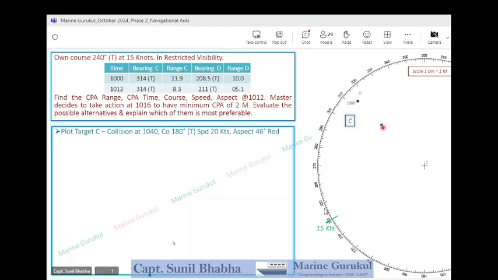The bearing remains the same, 314, and the range is now 8.3 miles. This observation is taken at 1012 hours, and as per our system, the point is named A, Alpha. Now let's join the line OA and extend it. The Oscar Alpha line is joined and extended, and this gives us the relative line of approach of target Charlie.